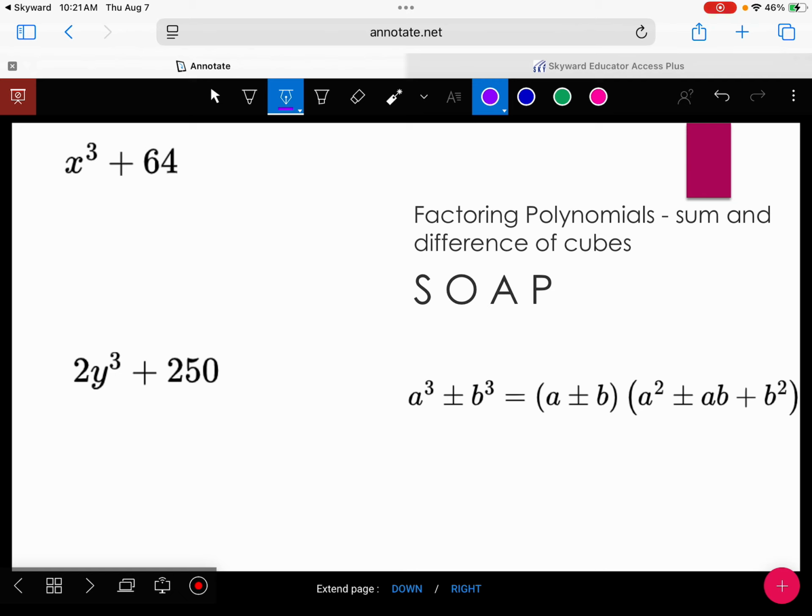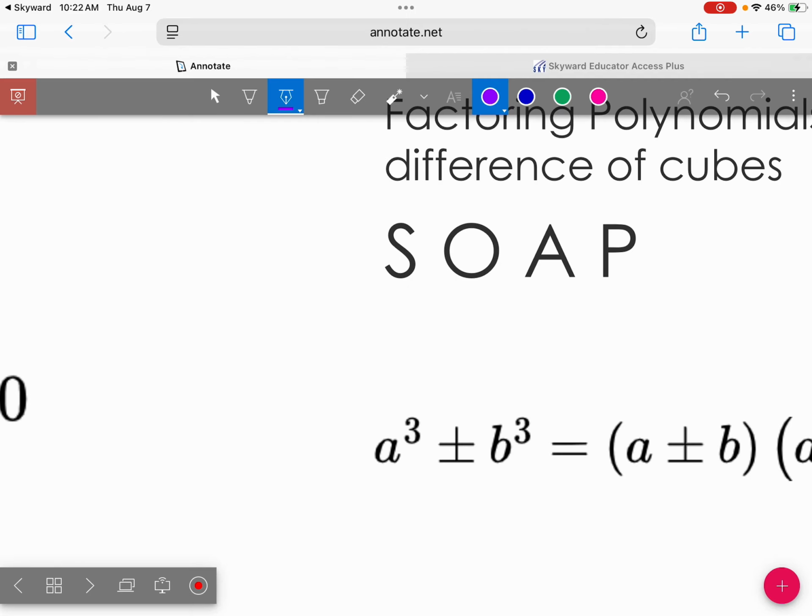All right, so with our sums and differences of cubes, we look at them and go, ew, I wish that was cleaner. So we have to remember to use SOAP. The SOAP tells us what signs are going to be in this formula. Whatever our statement is in our problem, we always start with the same sign. So if it has a plus, our first sign is a plus. The S helps us remember our same sign.